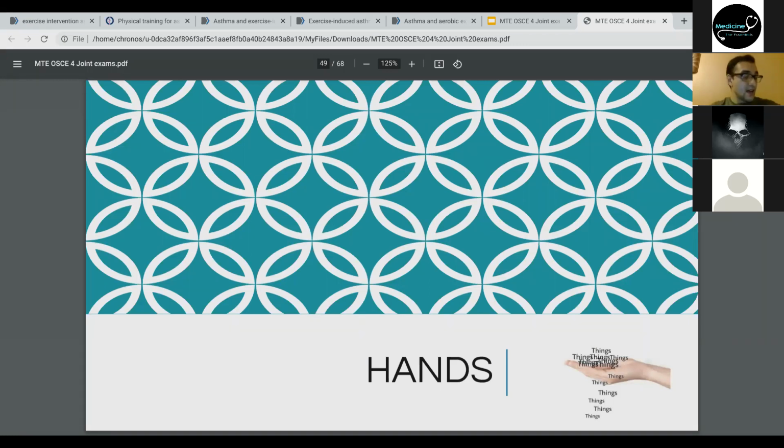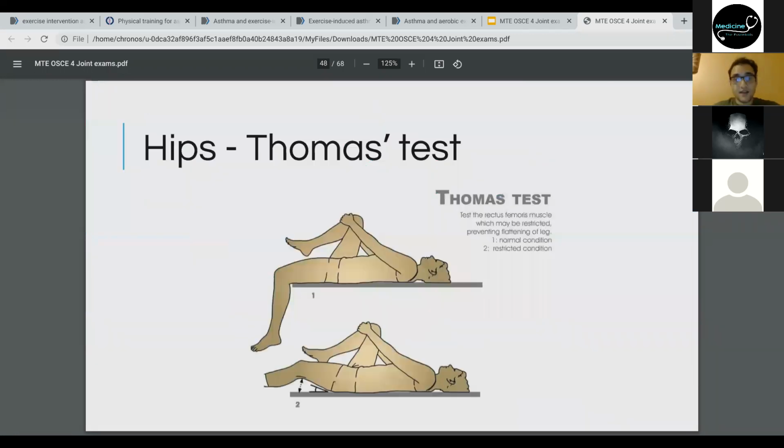Perfect. Right, so as I said earlier, I think the hand exam is fairly... Oh, never mind, sorry, someone's written Thomas test result findings. So if it's positive, what does that mean? Okay, so a positive Thomas test means you have tightness or restriction of the hip flexor muscles on that side. This can be due to a couple things.